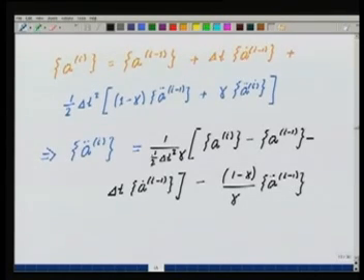Okay. So this a double dot is given in terms of the unknown a at the current time and the knowns a at I minus 1, a dot I minus 1 and a double dot I minus 1.